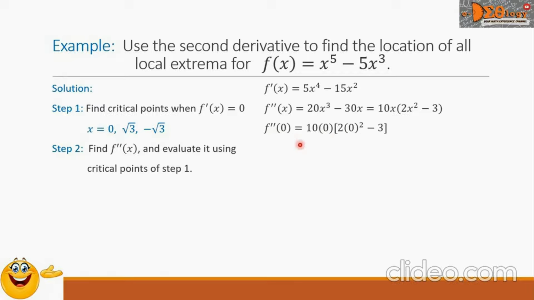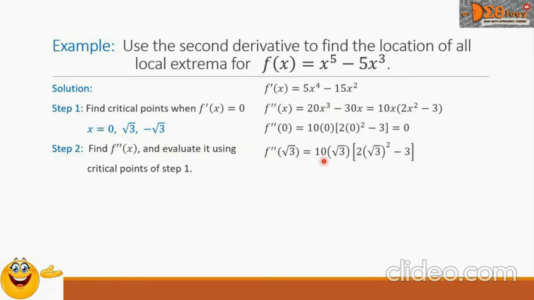This is now equal to 10 times 0 times the quantity 2 times 0 squared minus 3. The 0 outside makes the whole expression 0. So f double prime of 0 is equal to 0. Next, let us evaluate f double prime of the square root of 3.